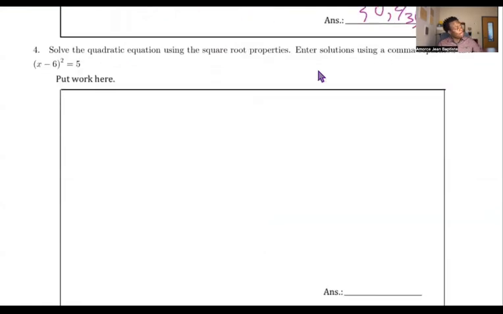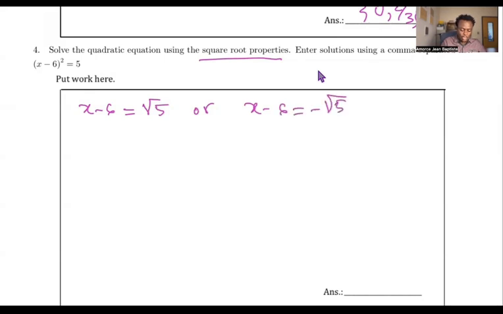Couple more examples. Solve the quadratic equation by using the square root property. Since it's already isolated, we can just use the square root property. X minus 6 equals square root of 5, or x minus 6 equals negative square root of 5. Add 6 on both sides.